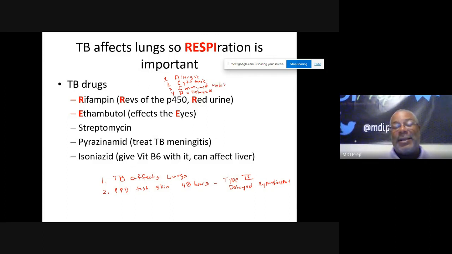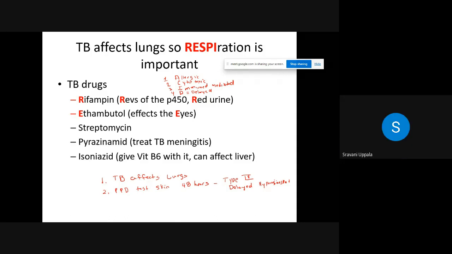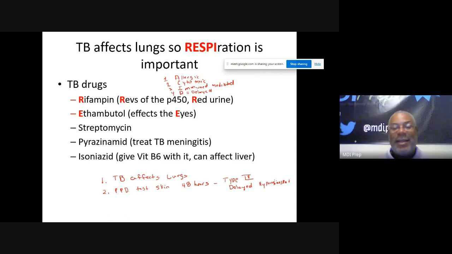Now, let me just tell you what this means. When we say hypersensitivity reactions, if a bee stings you and all of a sudden your mouth starts to swell, that happens immediately, right? What type of hypersensitivity reaction is that? Type 1. Exactly. With the TB test, once you put the tuberculin under the skin, you won't see any reaction for at least 48 hours.